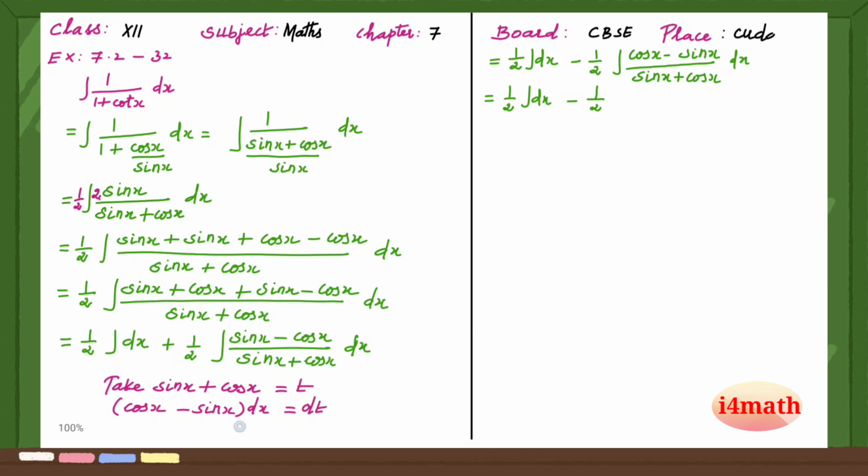You see here cos x minus sin x into dx is dt, and sin x plus cos x is called t.